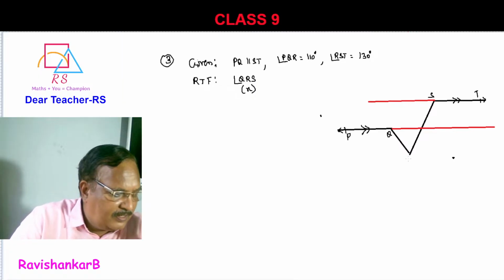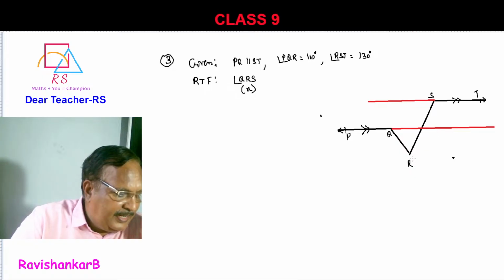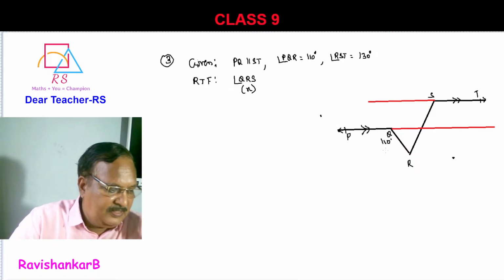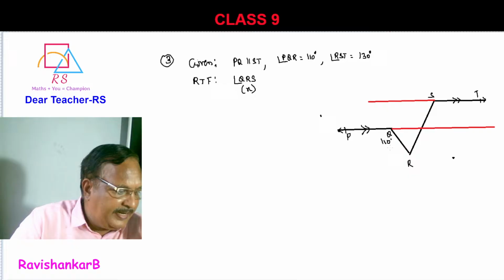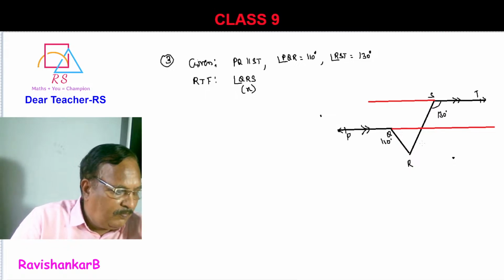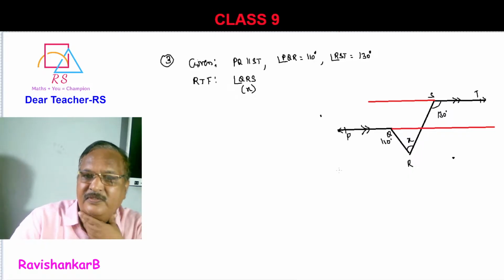Where is R? R is down. This is R. Angle PQR is 110 degrees. This angle is given, and angle RST is equal to 130 degrees. And we have to find out QRS. So this X you have to find out.